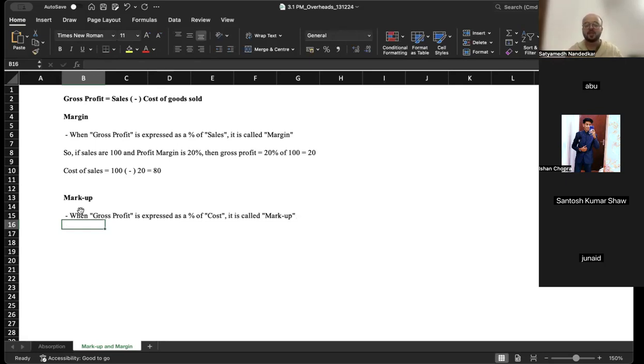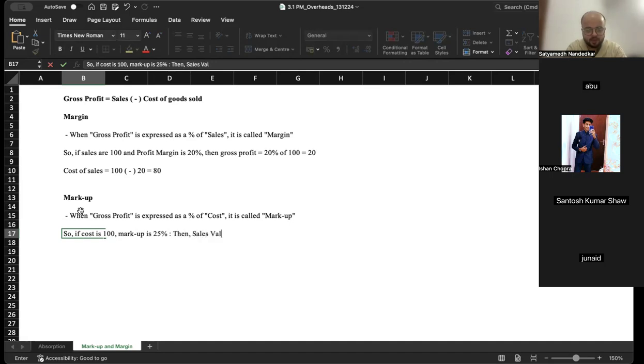So if cost is 100 and markup is 25%, then sales value will be 100, that is cost, plus 25% of 100, that is profit, which will give me 125, that is sales.